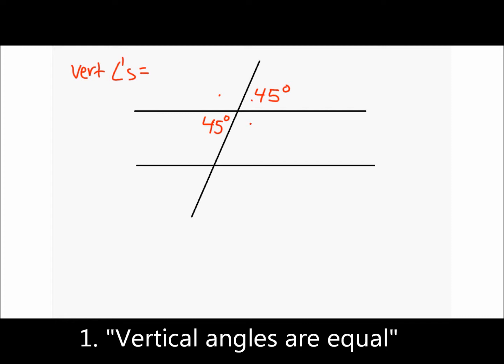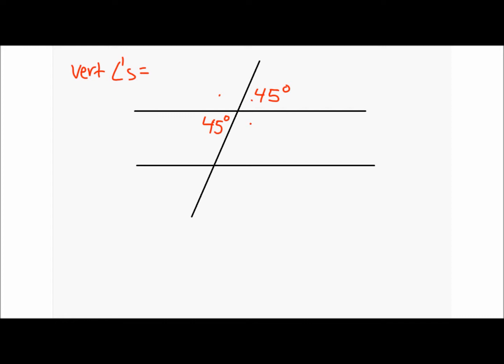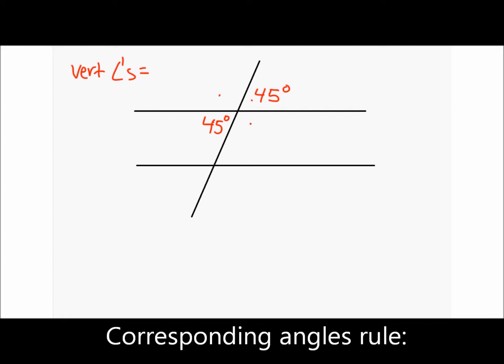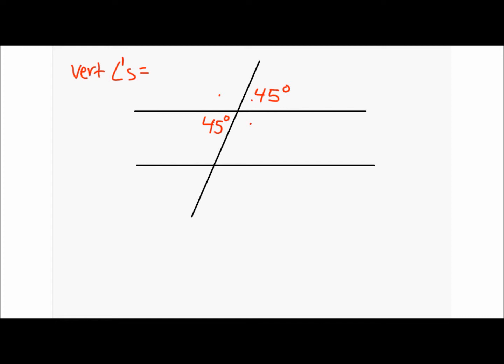The second rule is called the corresponding angles rule. Now, what are corresponding angles? Those are angles that are in the exact same position on this top part here as they are on the bottom part. So the corresponding angle to this one right here would be the same place down here, 45 degrees.